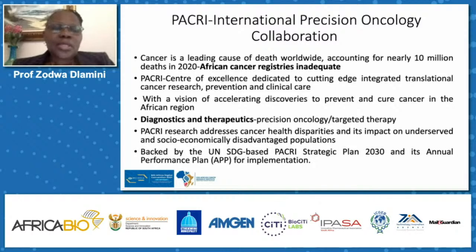Its research addresses cancer health disparities also, and its impact on underserved and socioeconomically disadvantaged populations. It is backed by already a UN SDG-based Pakri Strategic Plan 2030 and its annual performance plan, which is there for implementation.